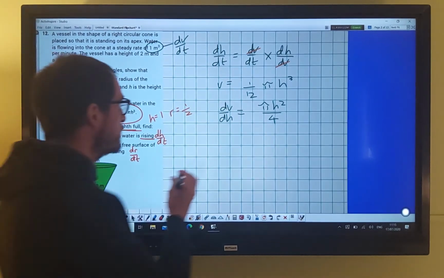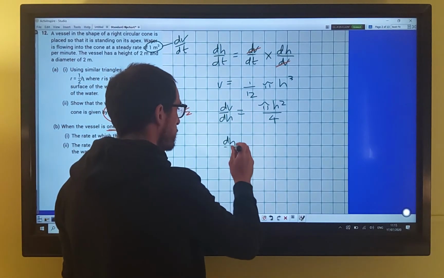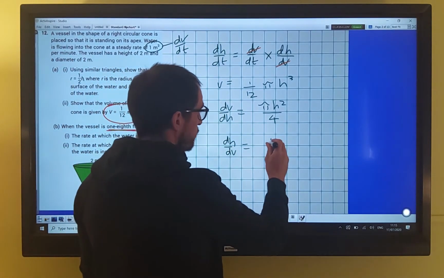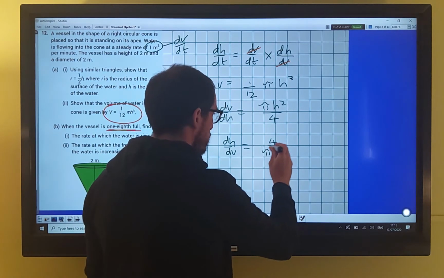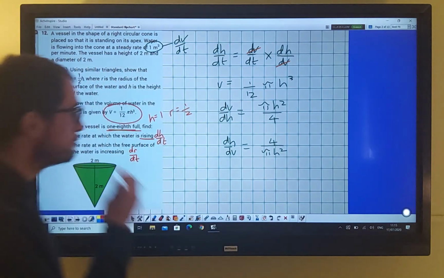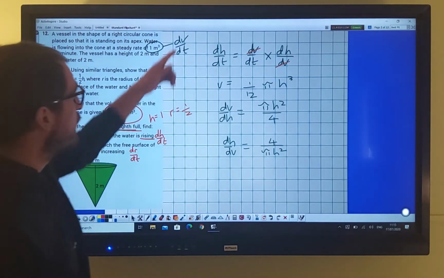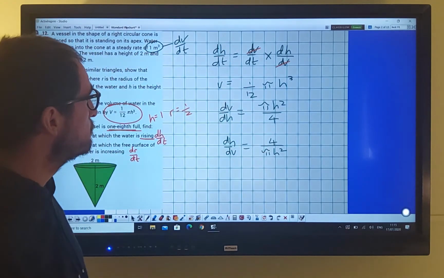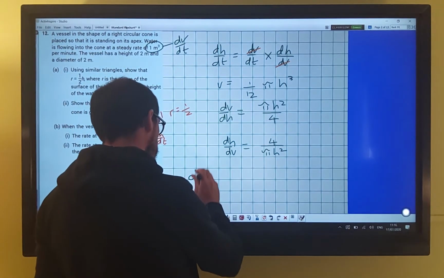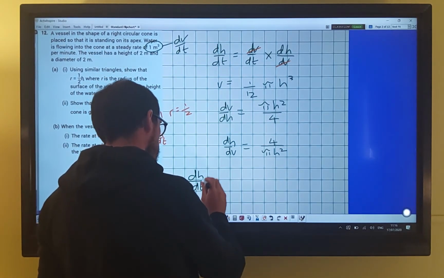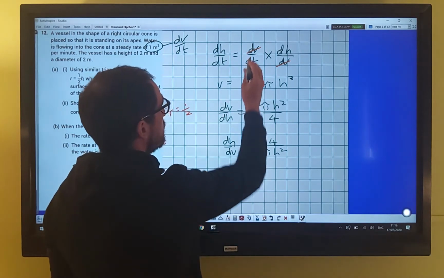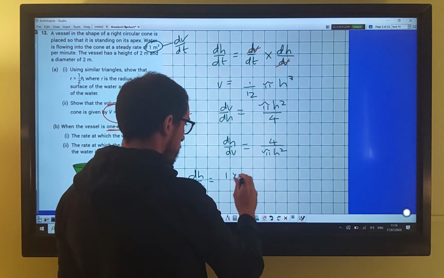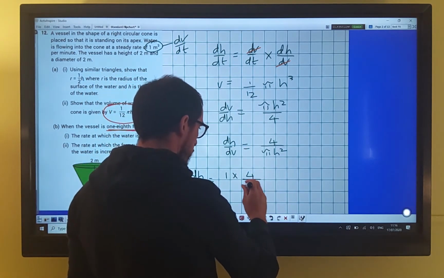So that means the dh/dV is equal to 4 over pi h squared. Therefore, the dh/dt is equal to the dV/dt, which is 1, times 4 over pi h squared.